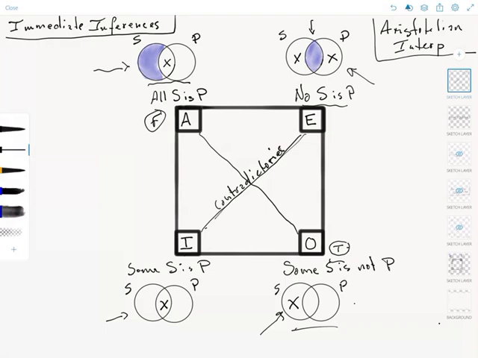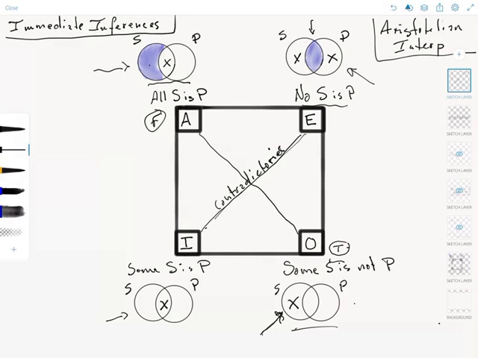Well, if you think about it, the A is claiming that all S are P, and what would make it false to say all S are P is if we could say that some S is not a P. In other words, the A proposition asserts this shading to make all S P, and if that's false, then it means that there has to be something where that shading is that makes that proposition false.